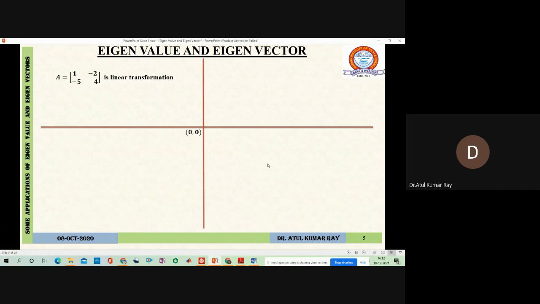It's a quite simple 2 by 2 matrix I have taken as a linear transformation, and I'm going to apply it over a vector x, which is (2, -5). Let me apply this linear transformation A over this vector x.